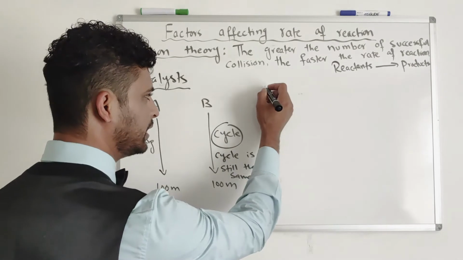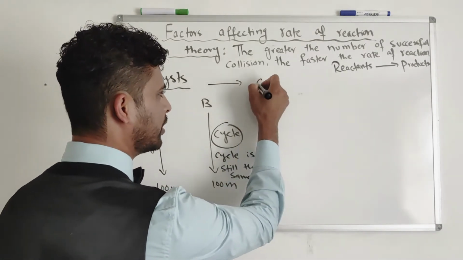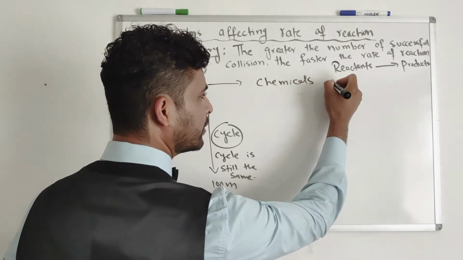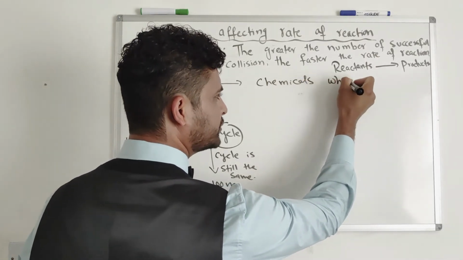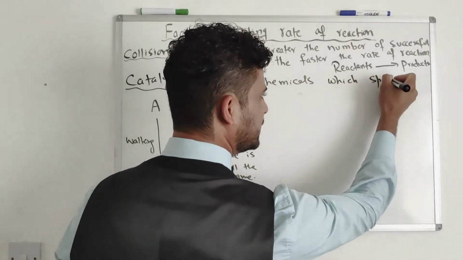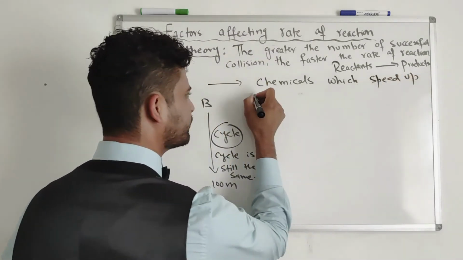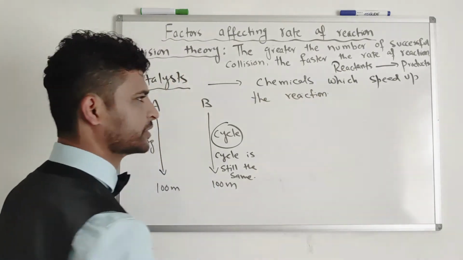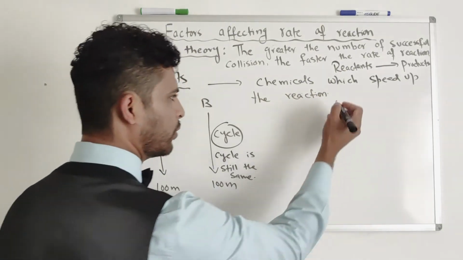Now, catalysts are chemicals, just like a cycle, which speed up the reaction. How?